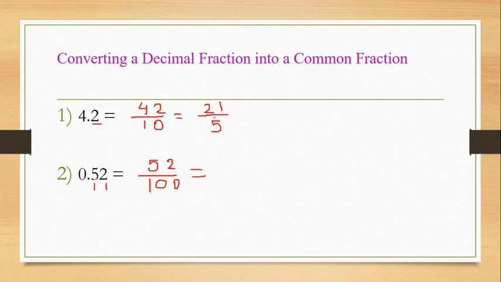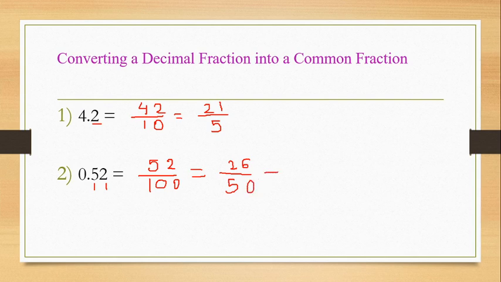So 21 upon 5 is my final answer. Coming to the second question. 52 and 100 are both even numbers, so both are divisible by 2. 2 into 26 gives me 52 and 2 into 50 gives me 100.